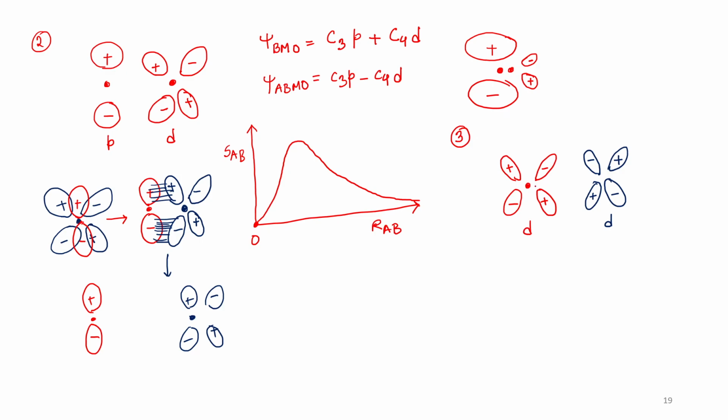I'm not going into the bonding and anti-bonding. Acha, I'll draw at least this part, how it will look: plus, minus, and here it is. We have not discussed this. What is going to be the symmetry of this?